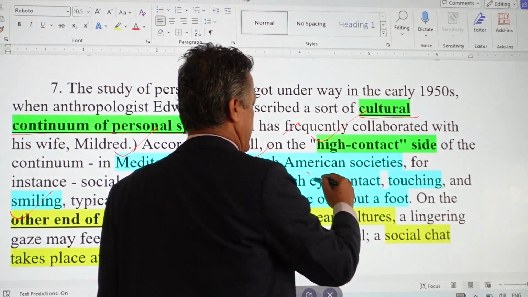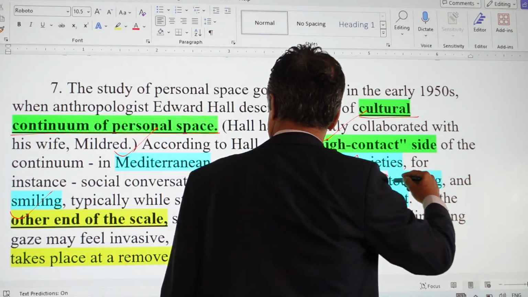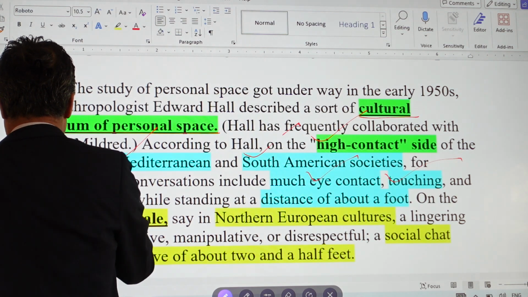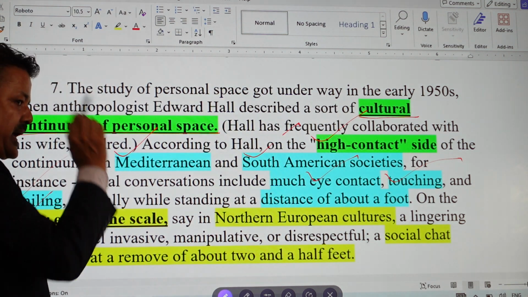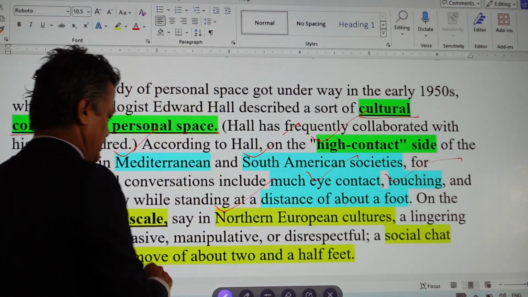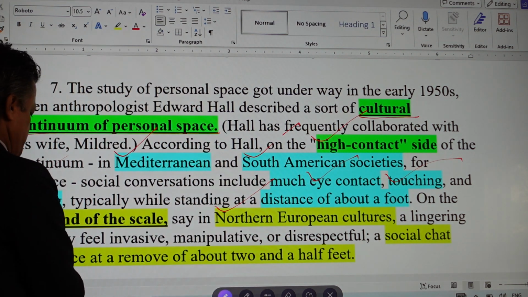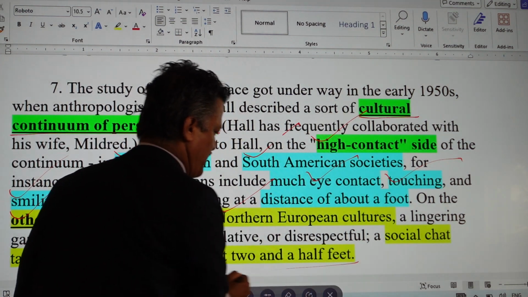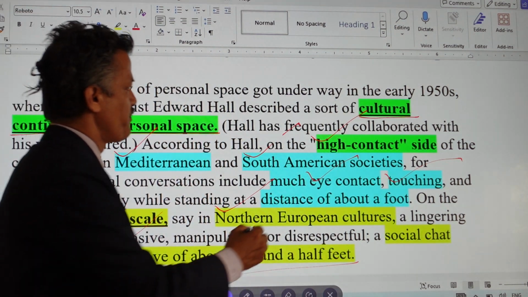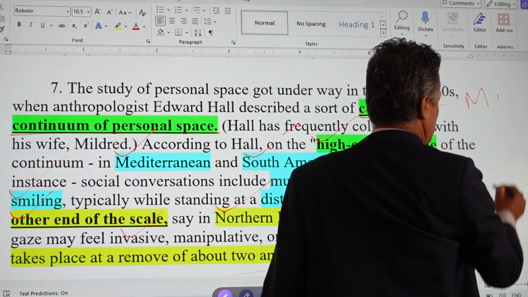Further detail, eye contact. Further detail, touching. Further detail, smiling. Further detail about the other end, Northern European culture. Further detail, gaze may be invasive. Further detail, they stand 2.5 feet. Details. Main idea, details.